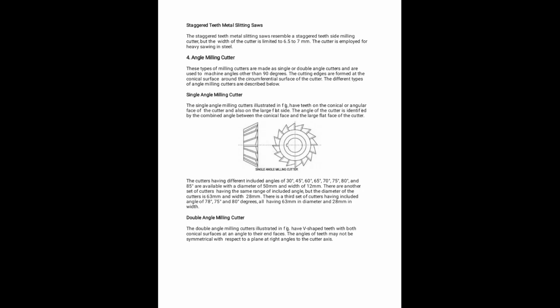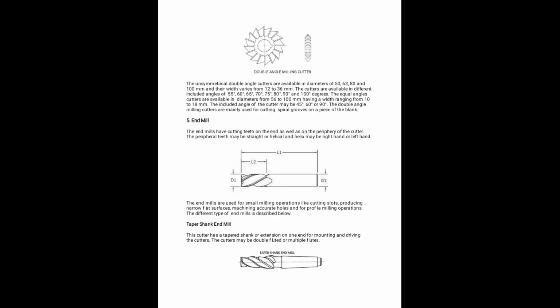Next, the angle milling cutter. There is a single angle milling cutter and a double angle milling cutter. Single angle milling cutter means only one surface will produce the angle. Whatever angle we want, first of all we choose that particular angle of cutter, and it will work the same as a plain milling cutter. It will produce an angular surface.